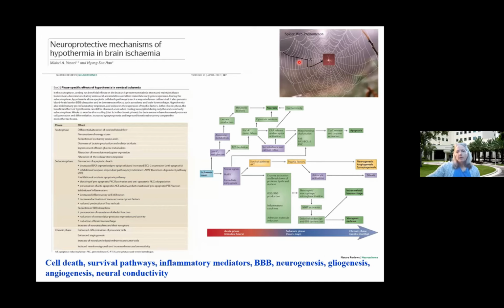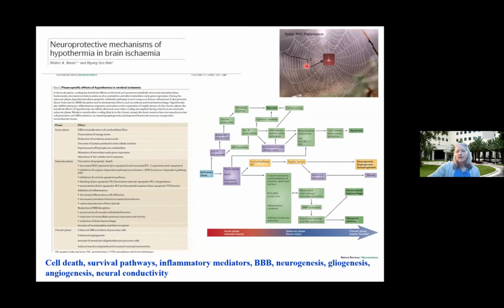But I wanted to point out this particular image on this slide. We like to think of this cell death as a spider web phenomenon. And I think Dr. Dietrich may have coined this. So if you think about a cell in the middle of a spider web, and you have all of these secondary injury mechanisms targeting this cell, you give a drug, okay, you stop that particular secondary injury mechanism.